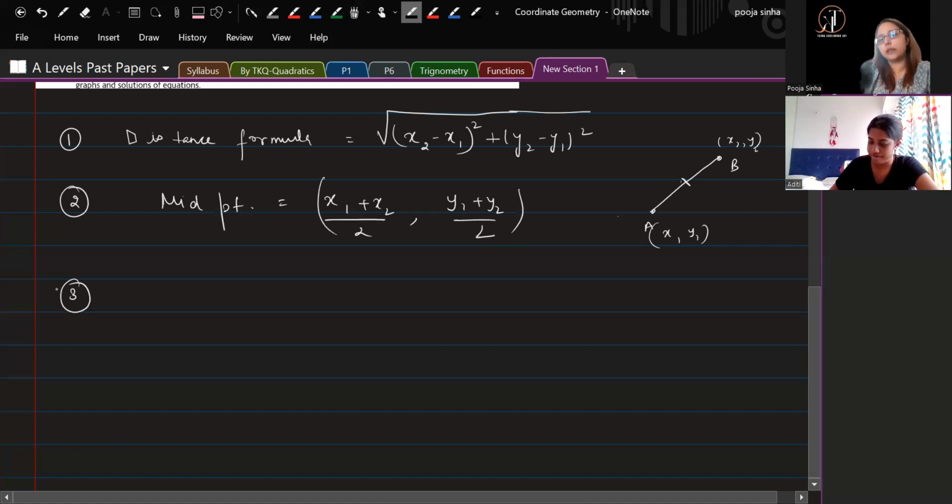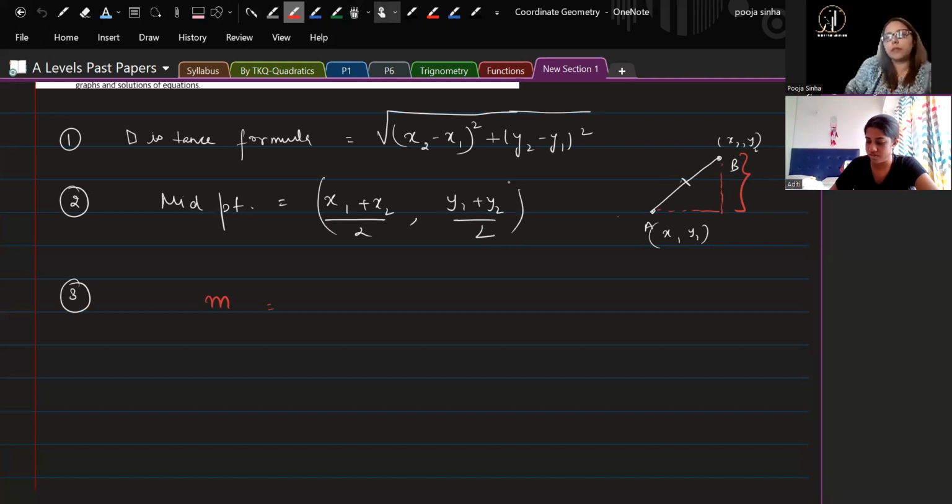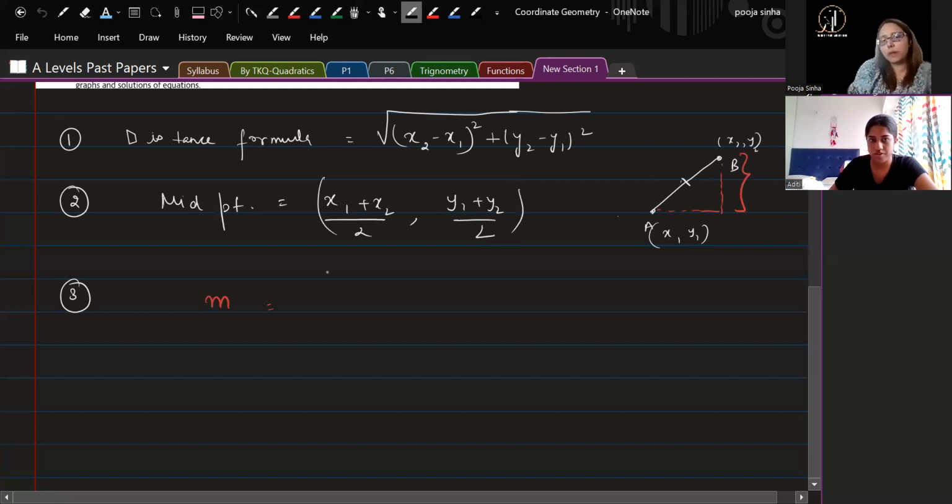If I want to find the gradient of this line, okay? We usually find the rise upon run, right? The gradient m is equal to rise upon run. Rise will be y2 minus y1, and run will be x2 minus x1. Can I do it as y1 minus y2 and x1 minus x2?